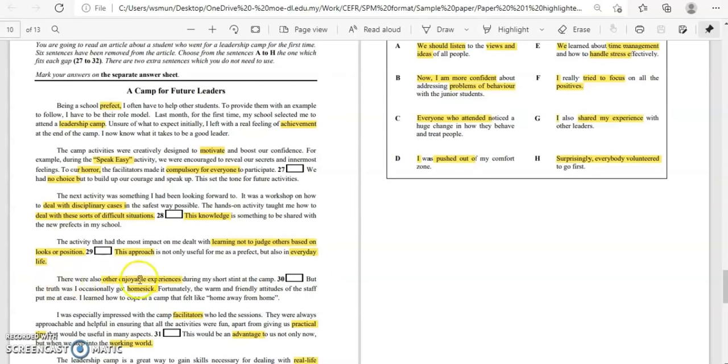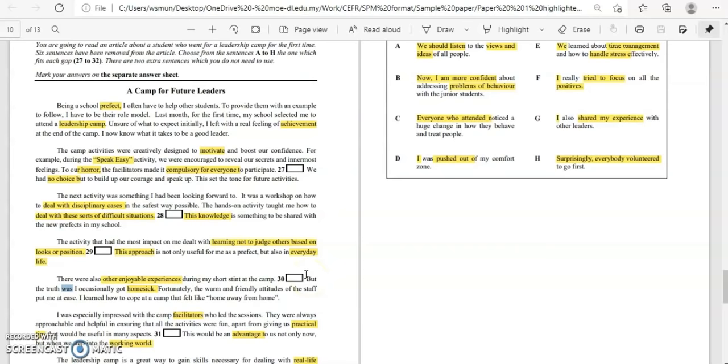"There were also other enjoyable experiences during my short stint at the camp." So it is using past tense here. The sentence after the gap: "But the truth was, I occasionally got homesick." Both sentences are in past tense. So the sentence that could fit in the gap is most probably past tense too.